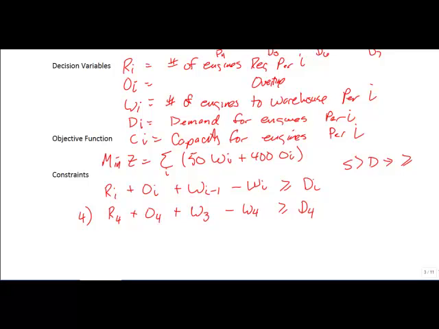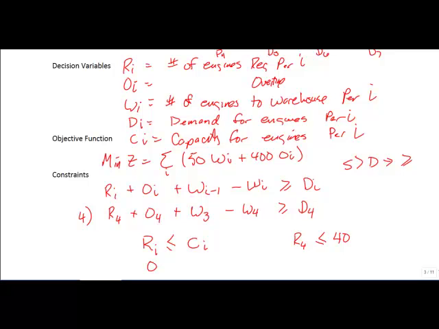Additional constraints that we have. Regular production for every period has to be less than our capacity for the period. So for instance, for period 4, April, our regular production capability is 40 engines. R4 would have to be less than or equal to 40.